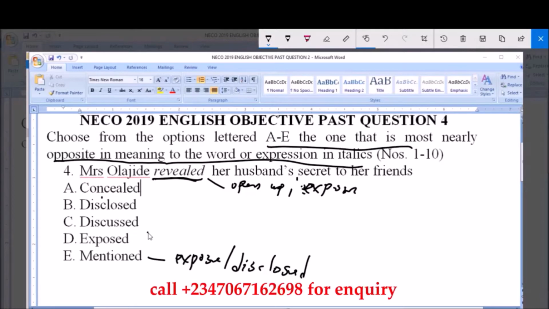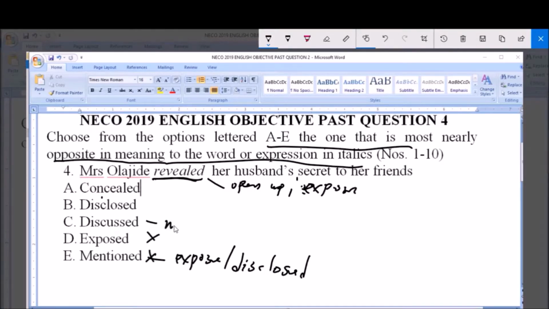So you can see that this one cannot be. Then discuss is the same thing as mentioned, so it cannot be. Then disclosed is the same thing as exposed, so it cannot be. So concealed means to hide. So concealed is our correct option.